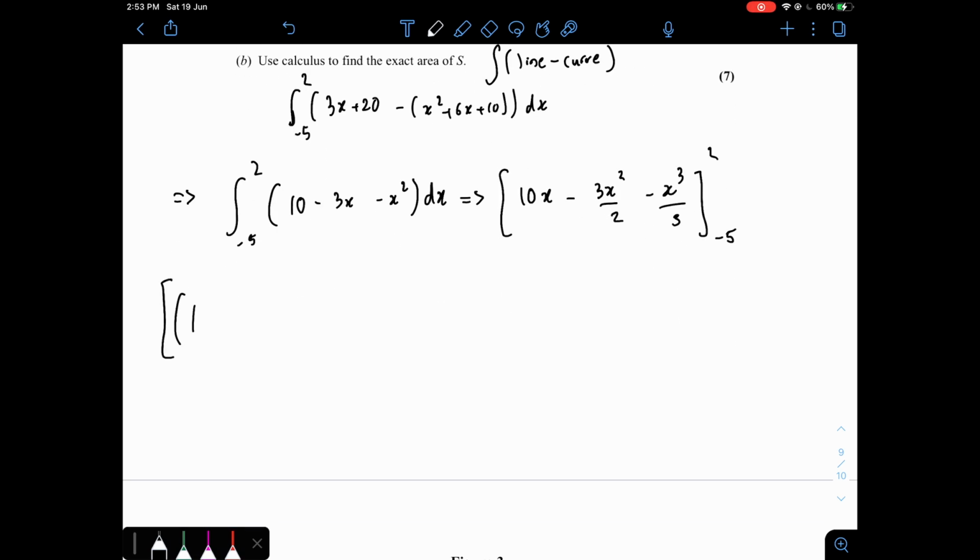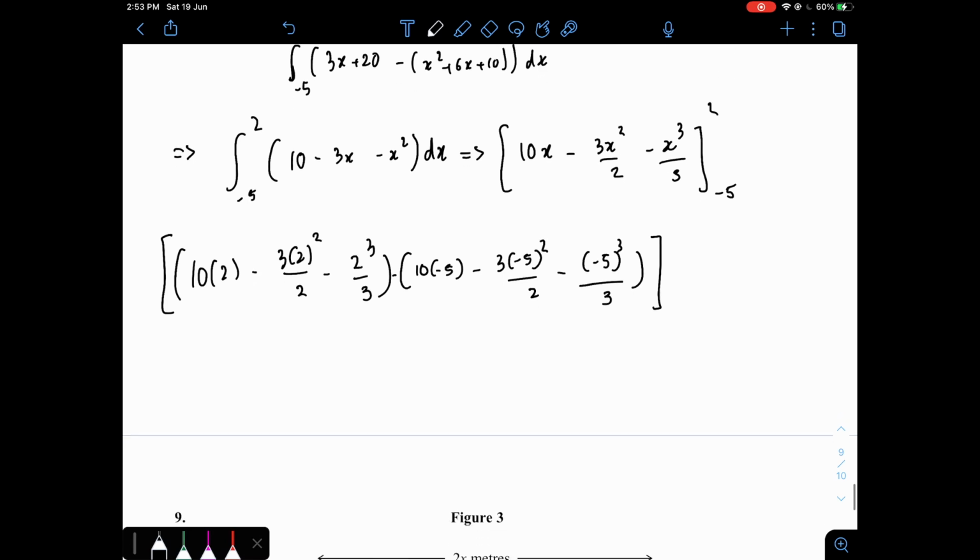So that will be 10 times 2 minus 3 times 2 squared over 2, minus 2 cubed over 3, take away 10 times negative 5 minus 3 times negative 5 squared over 2 minus negative 5 cubed over 3.